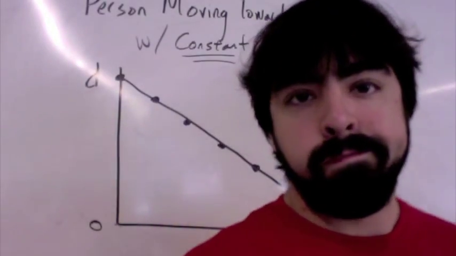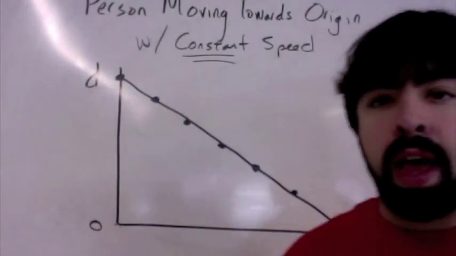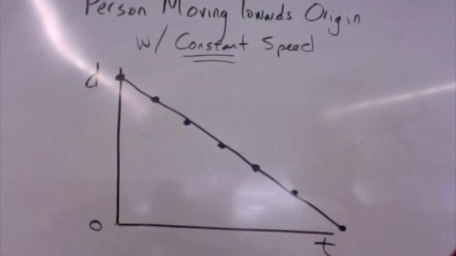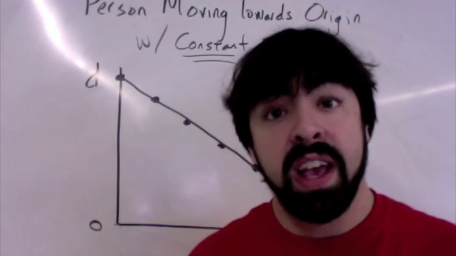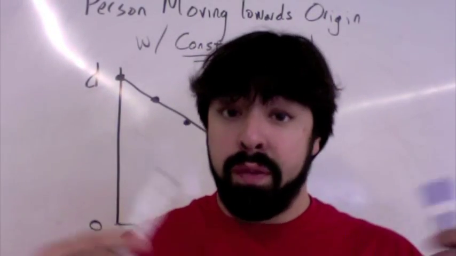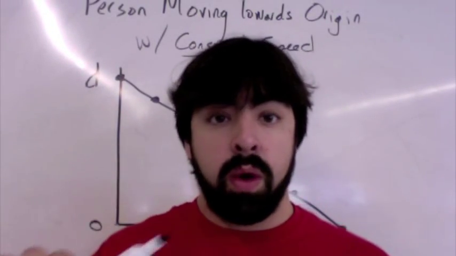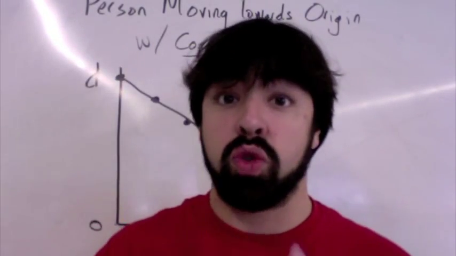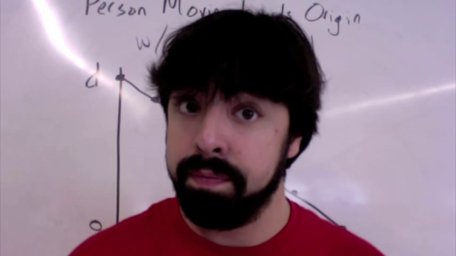And check that out. So this is what it looks like if you were to move towards the origin with a constant speed. It's basically just like the other graph that we did, that first graph, but instead of the line going up, the line's going down. It's still a straight line, which means a constant speed.